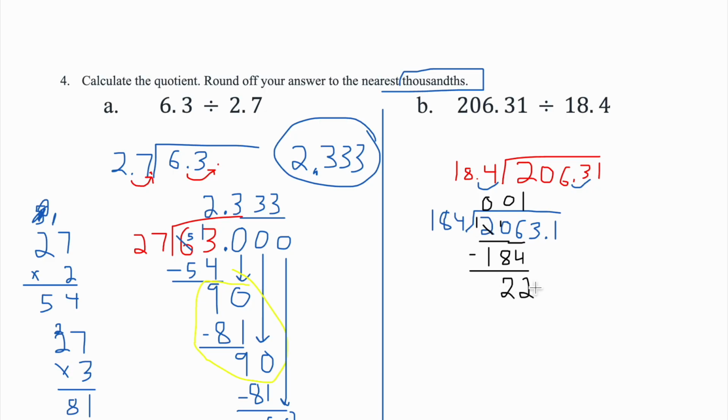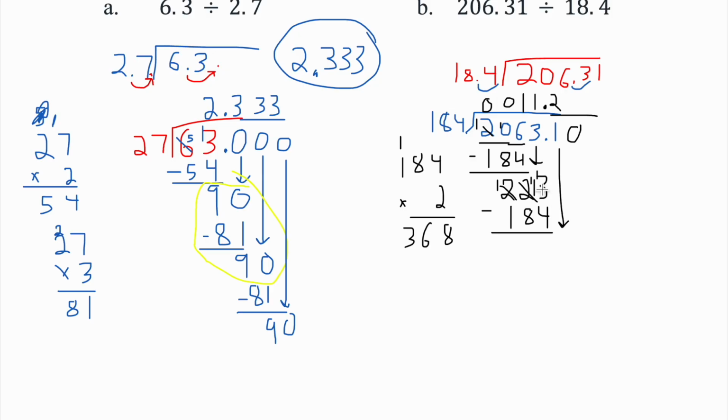So I get 22. Drop down my 3. 184 into 223 once. So 184. Subtract again. Got to borrow. All right, so then I subtract here. I borrowed here. 13 minus 4 is 9. 11 minus 8, I get 3. And then this I get 0.